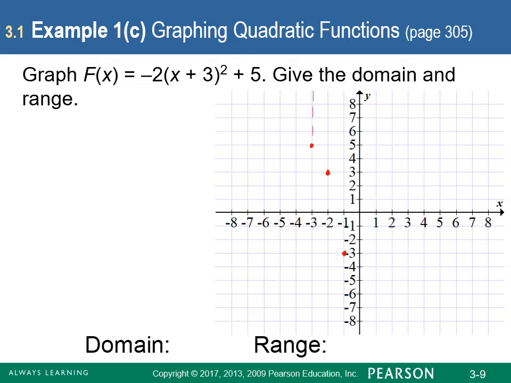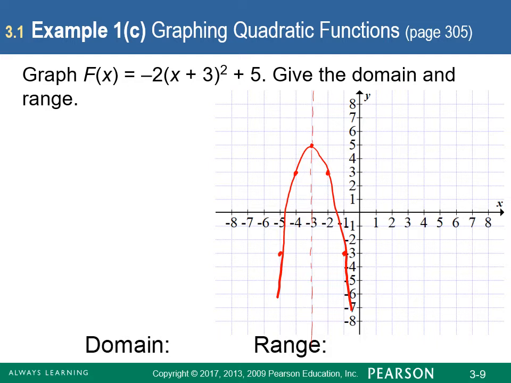The line of symmetry goes vertically through the vertex. There is a matching dot for this one here. There's a matching dot for this one here. So the graph would go down on the left, down on the right.